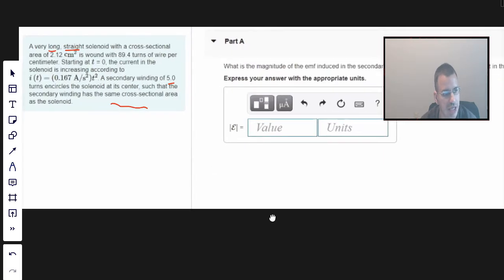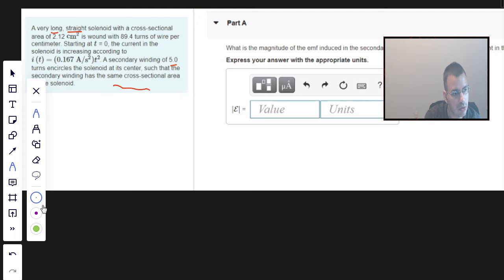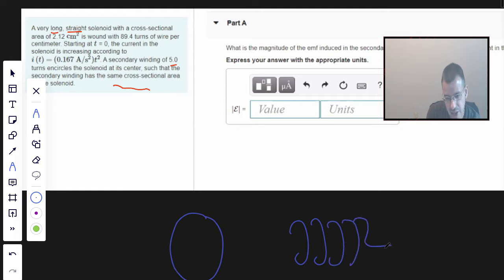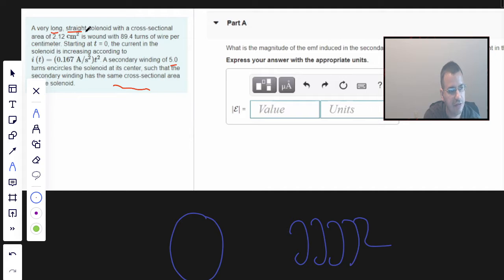First thing I want to do is draw a picture. So we have a solenoid, and this is going to be the head-on view of the solenoid. Here's another view of it from the side. It's very long and straight, meaning that, that is not long nor straight.